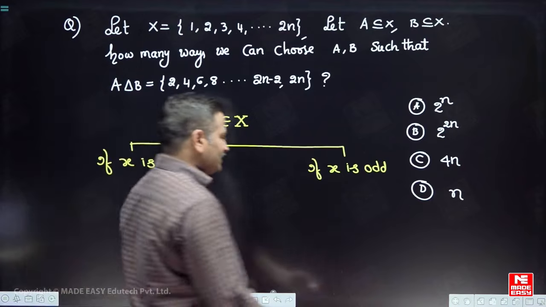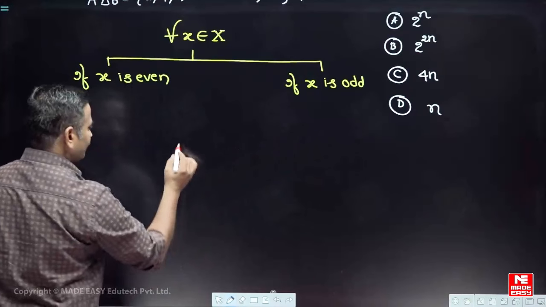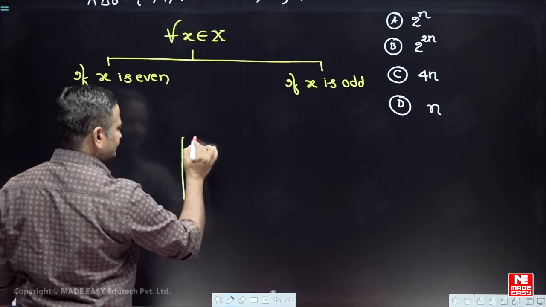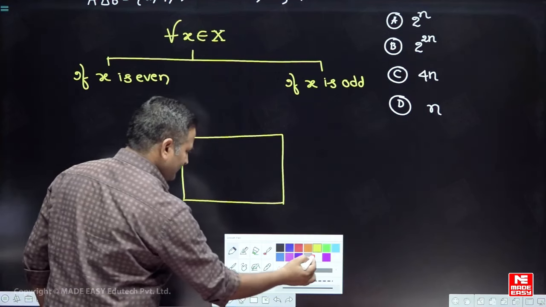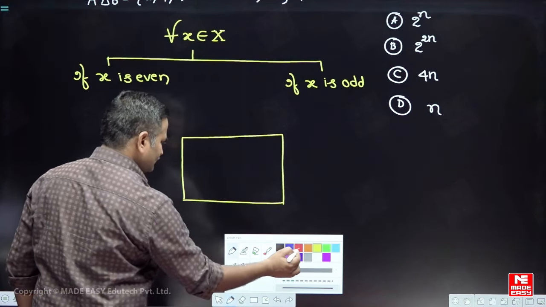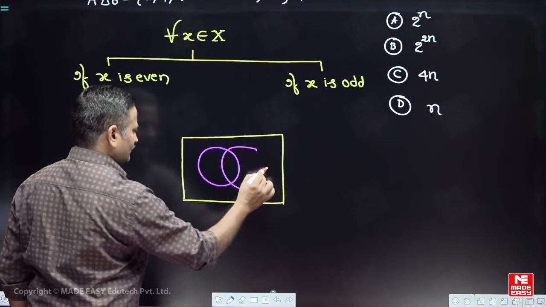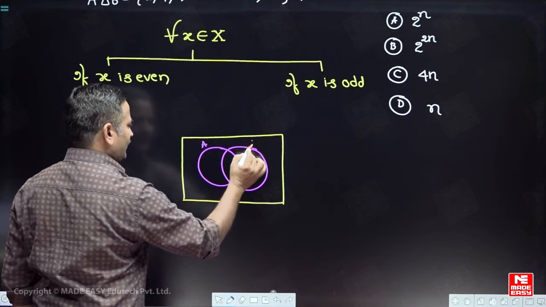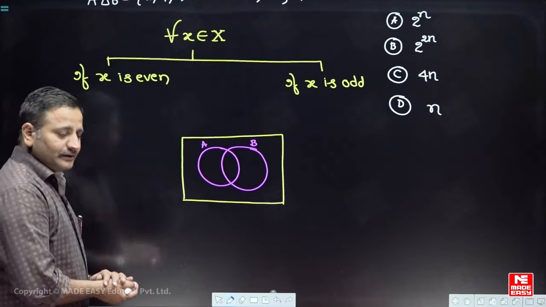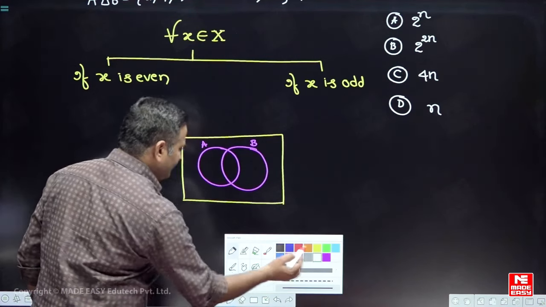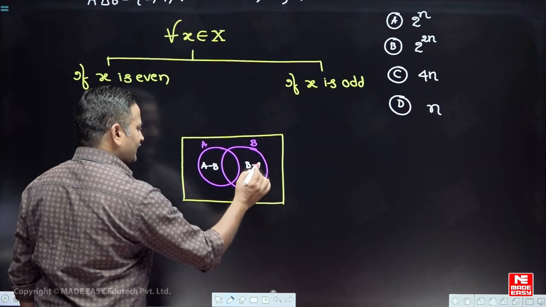Let me take the A delta B Venn diagram first. Suppose we are having A, B. So A delta B is nothing but A minus B union B minus A. This part is called A minus B. This part is called B minus A, friends.